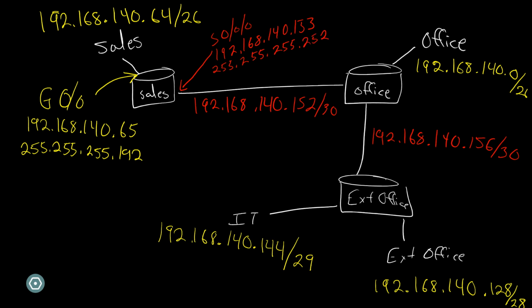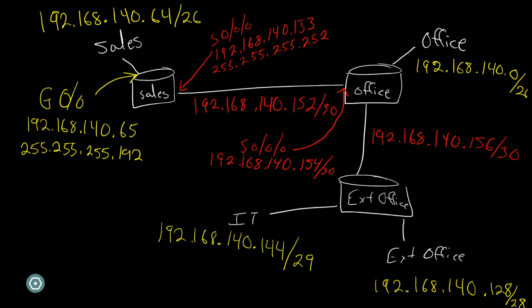I'm not going to fill in all the subnet masks here because I will run out of room. Okay, and if we were assigning here on this router to S000, this is a different S000 because it's on the office router, we might assign it the next available address, which is 192.168.140.154, and this network address is also going to be a /30 network.